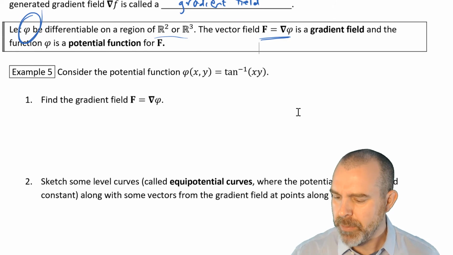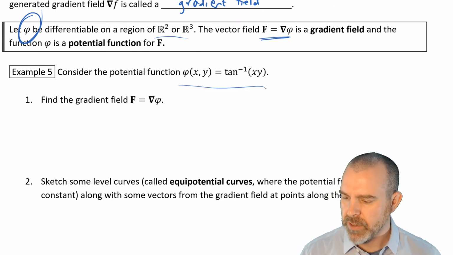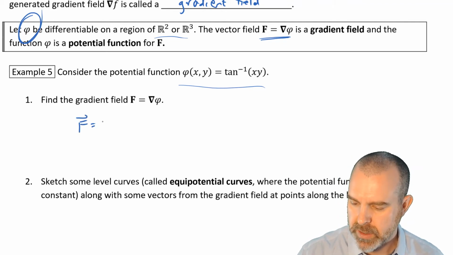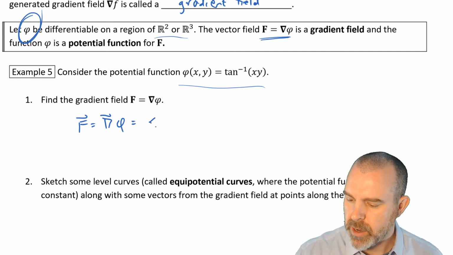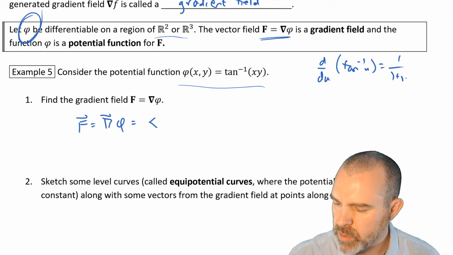So let's consider the potential function phi of xy is the inverse tangent of xy, and let's find the gradient field. Let's see, that'll be the derivative with respect to x. The derivative with respect to u of tangent inverse of u is 1 over 1 plus u squared.